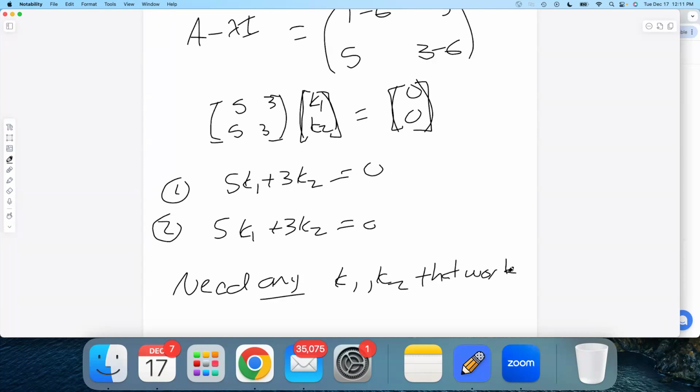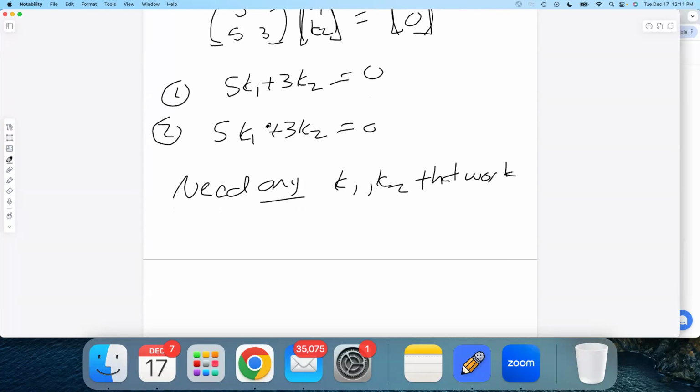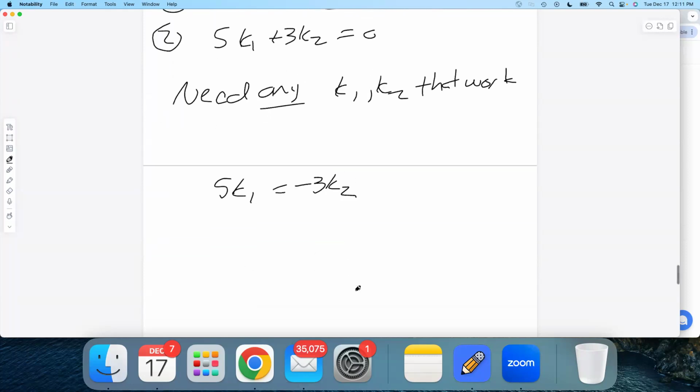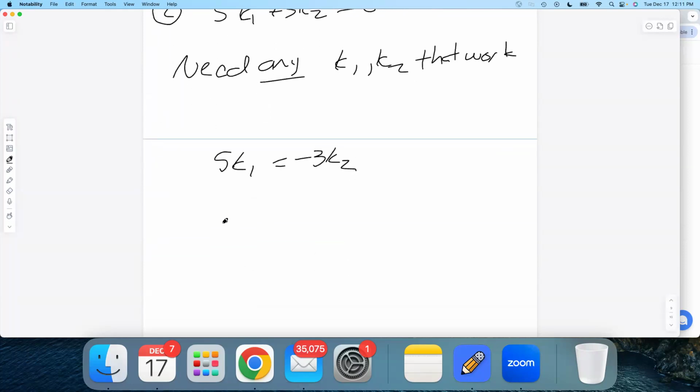Any multiple of an eigenvector is still an eigenvector. So I think the easiest way, move this guy to the other side. And when I learned this, this is the way we would do it. We would always just say, okay, let's let K1 equal 1, and then we would solve for K2. So what would we get here?